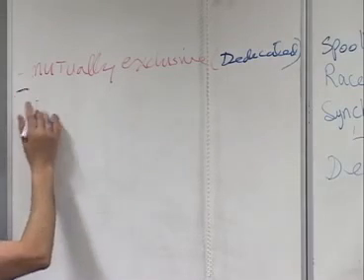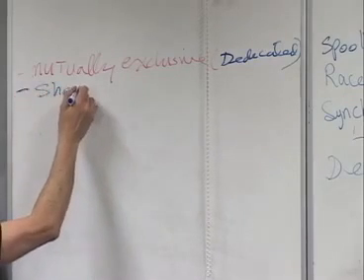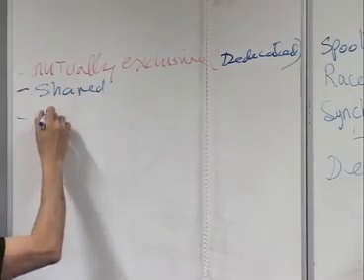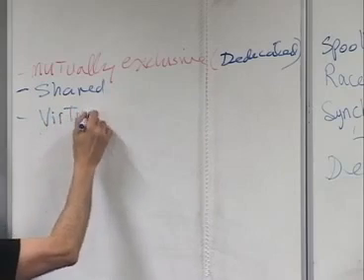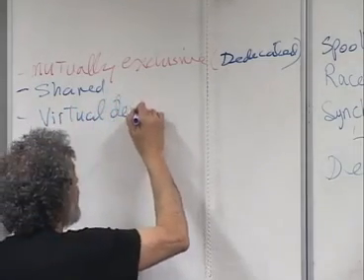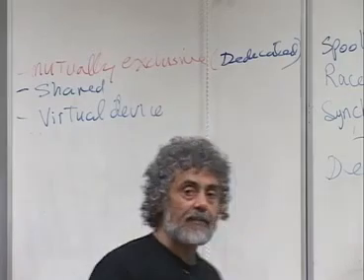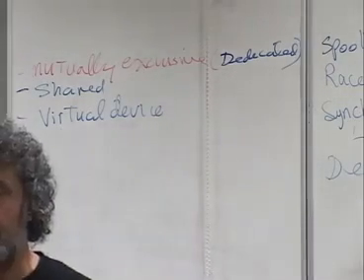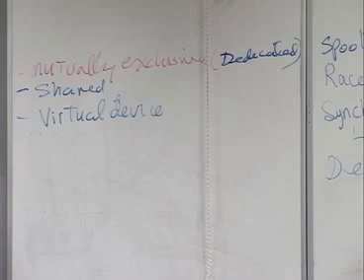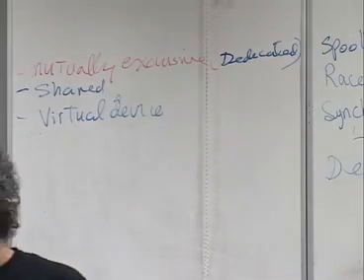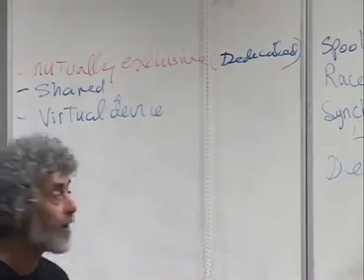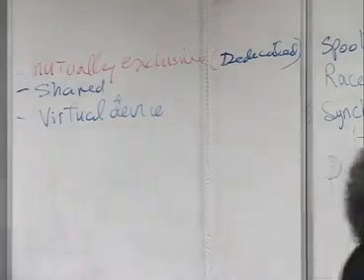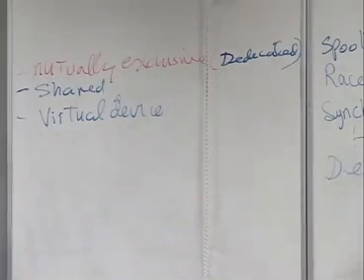Or a shared device, the opposite extreme, what's known as a virtual device. A virtual device is a device that by its nature is a dedicated device, but we manage to make it appear as if it's a shareable device that can be used simultaneously, even if it still remains a dedicated device.